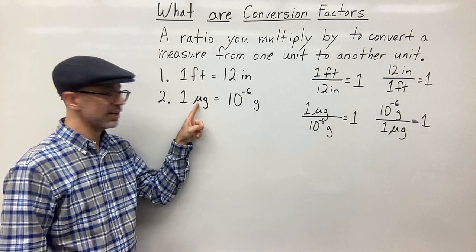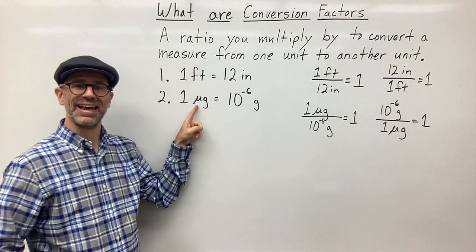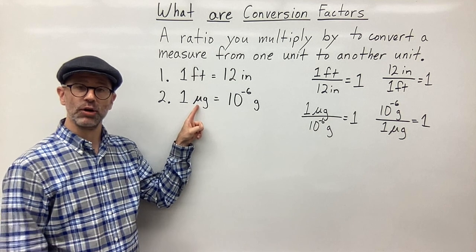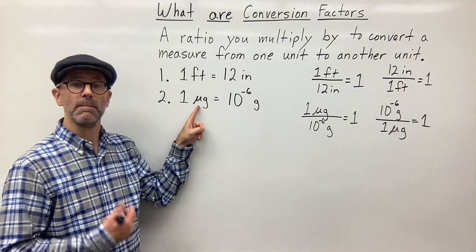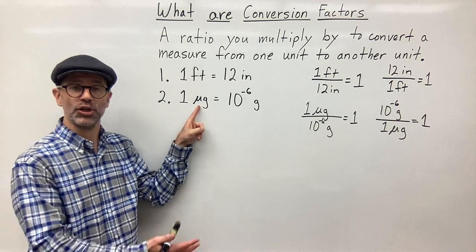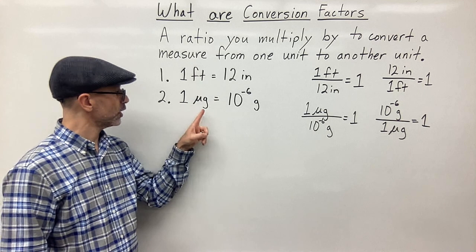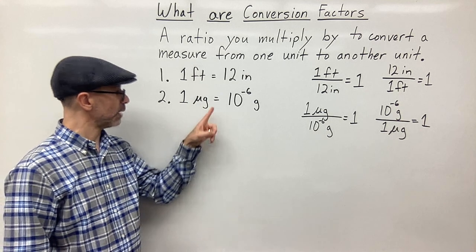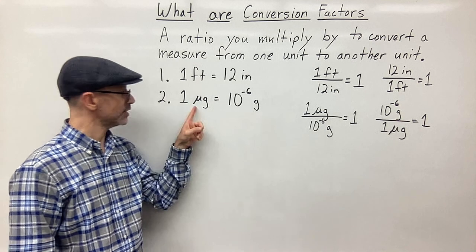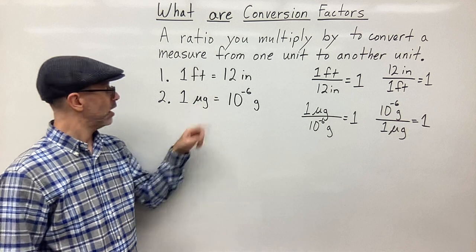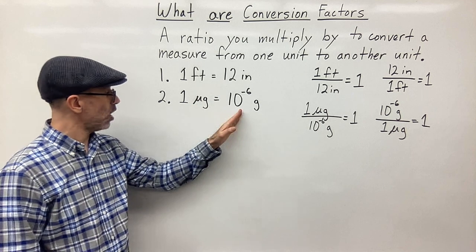So remember that this funny looking m means micro, and micro means 1 millionth of a certain unit. In this case, it's grams. So 1 millionth of a gram, or 1 microgram, is equal to 1 millionth of a gram, because micro means 1 millionth. So that is an equality.